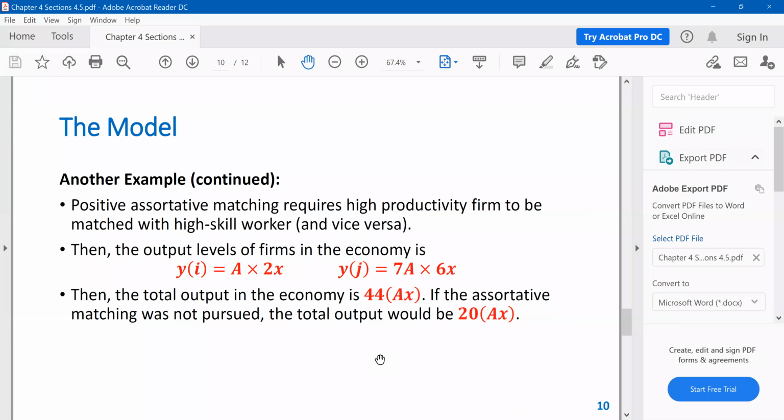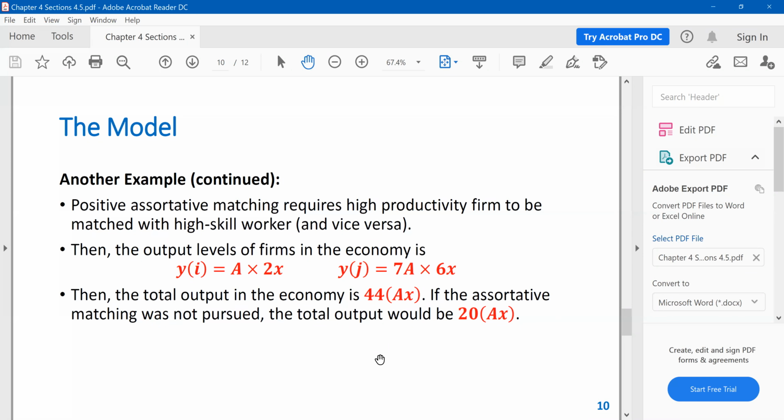Some of the time, if you think more realistically, in the real world, some skills are sector specific and task specific. So I may have a PhD degree, but if I work in the transportation sector, possibly I have low productivity.